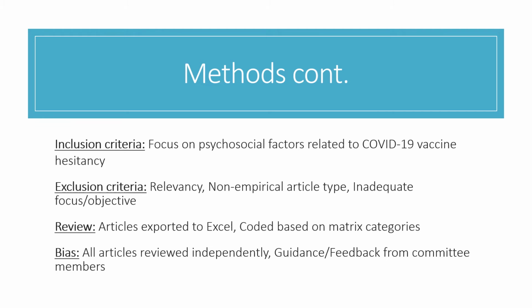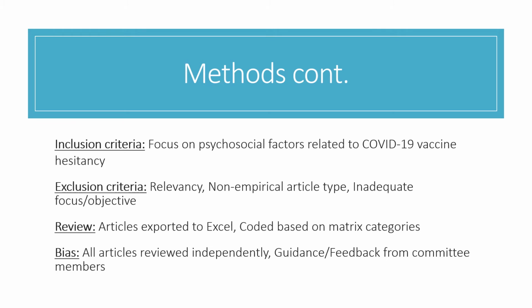And then finally, any article that did not have a major focus on either the COVID-19 vaccine or vaccine hesitancy, as well as the psychosocial factors. If that wasn't a major portion of the research, then it was also excluded.